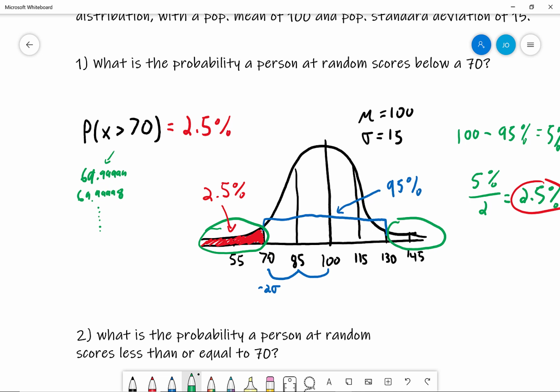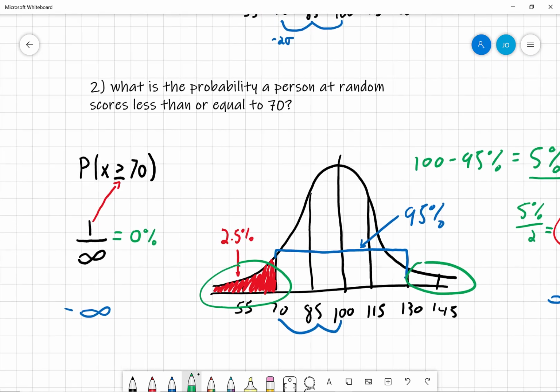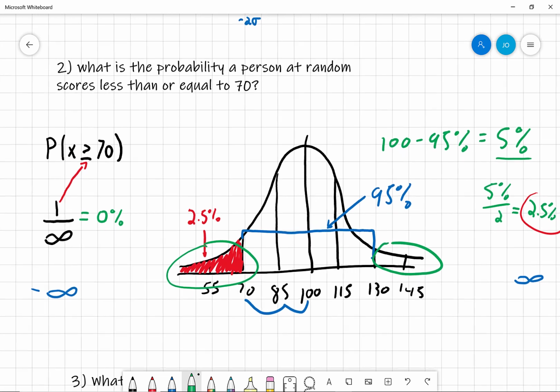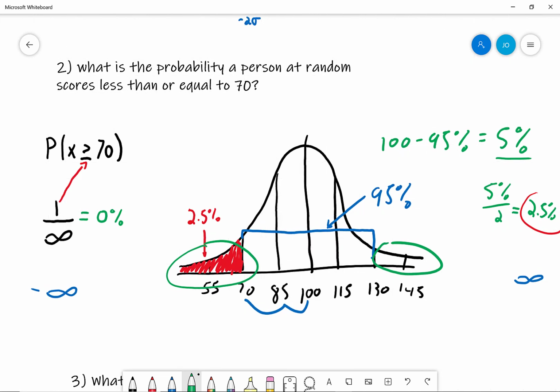So whether we included 70 or not, we are essentially finding the probability of getting a 70 or less, because the likelihood of getting exactly a 70 is 0. So that's something important to keep in mind when we go about these things, and something to make note of.